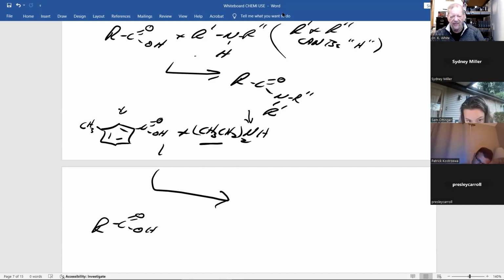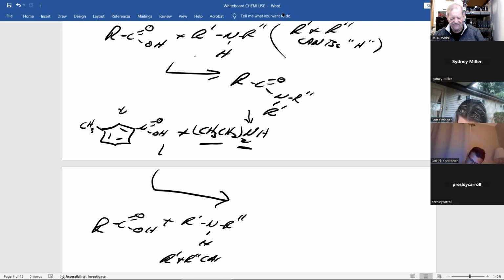Remember, 2 R groups on nitrogen. R prime and R double prime can be hydrogen. In this case, they're not. And you get an amide.